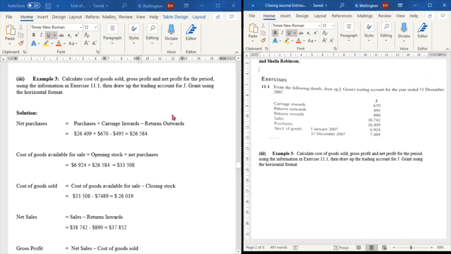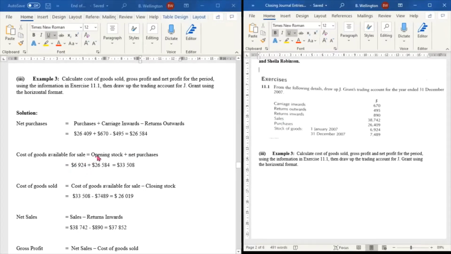Adding your purchases to your carriage inwards and subtracting the returns outwards give you net purchases of $26,584.